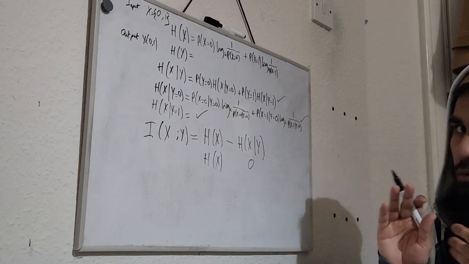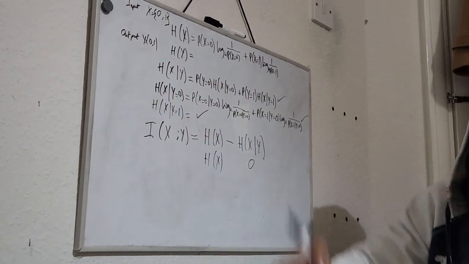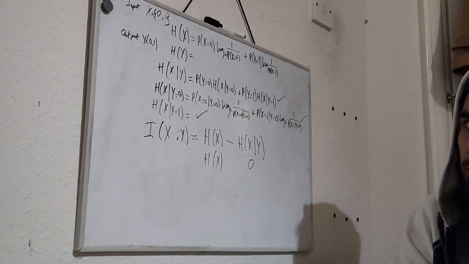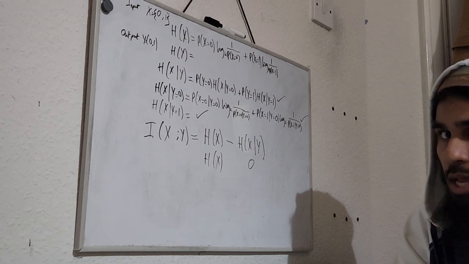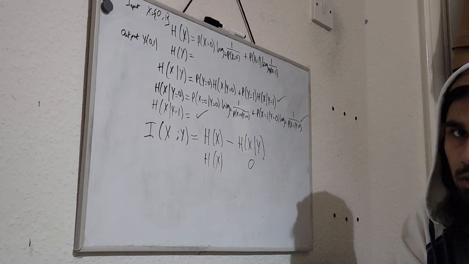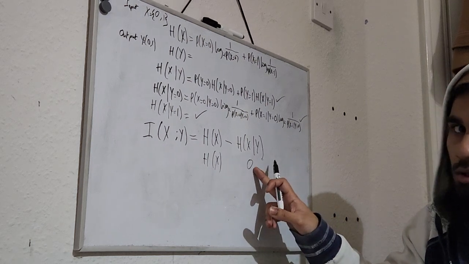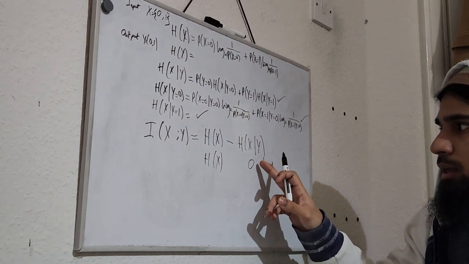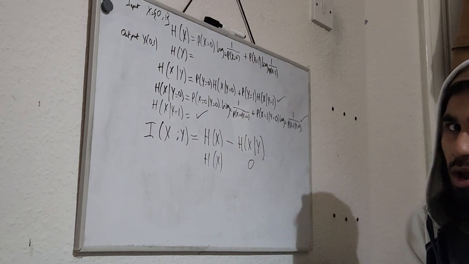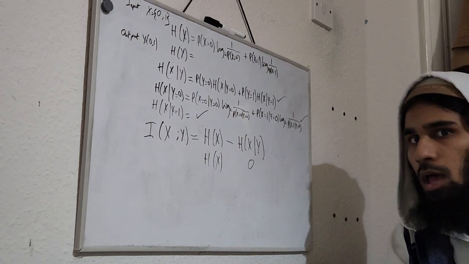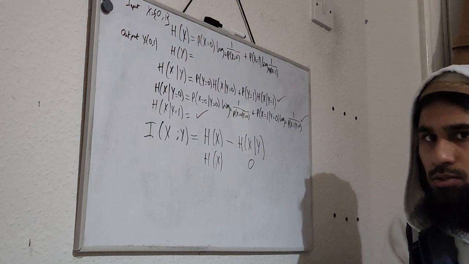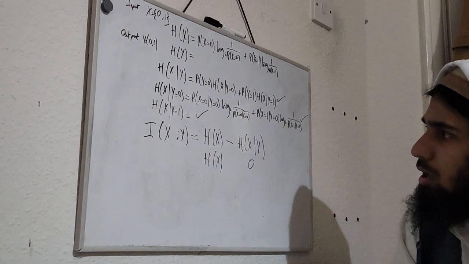If you're given y, and you know that the output y will be the same as the input x, sometimes they're not the same, but this time let's say it is, then you're not that surprised. You know that when you get a y, that is the same as x, so you're not surprised. That's why it's 0.